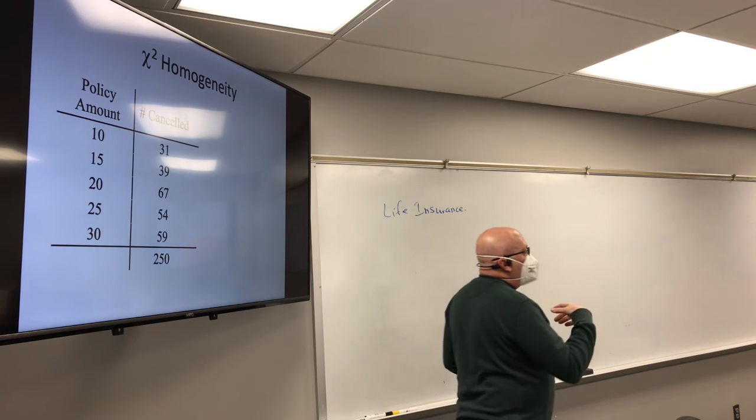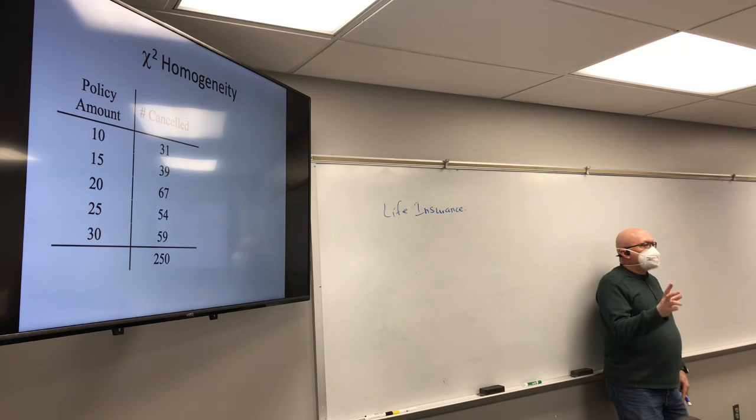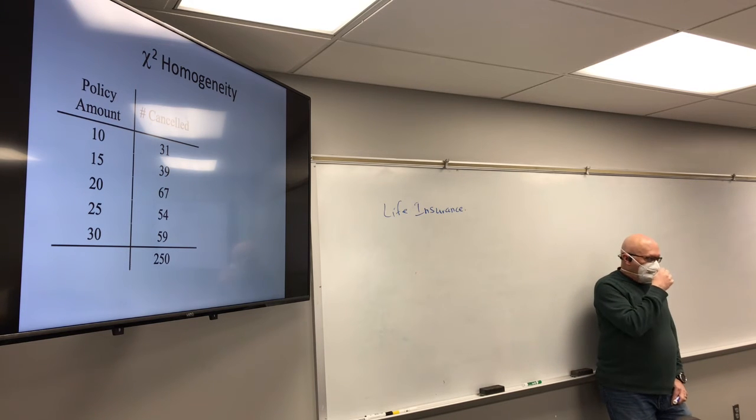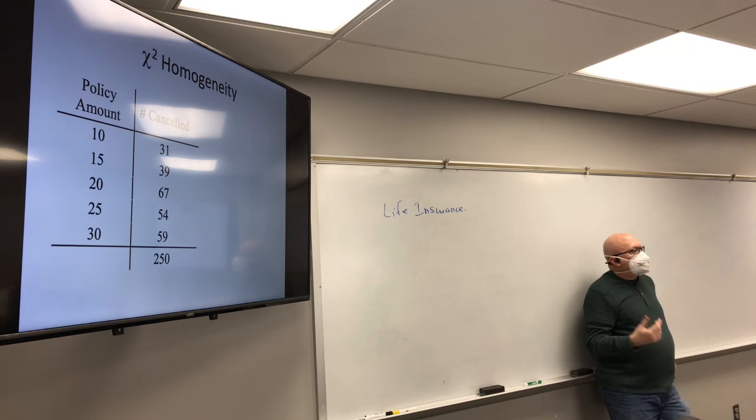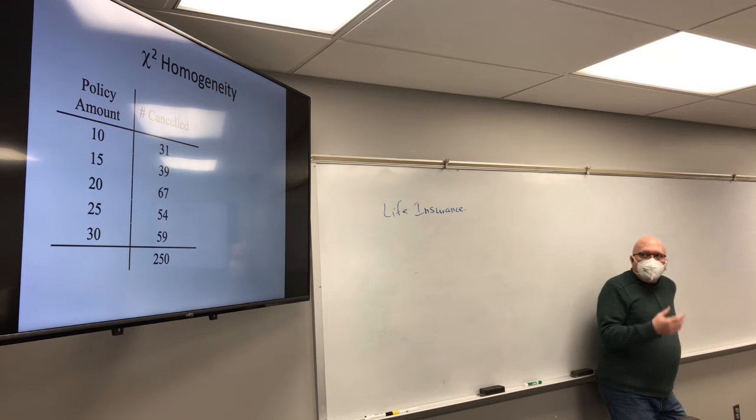After you arrange a life insurance policy with an agent, there's usually a little grace period where you can cancel the policy without having to pay any money. And the insurance company is interested in whether there is any difference across these categories of different amounts of life insurance in terms of the probability of you canceling that policy before you have to start paying for it.